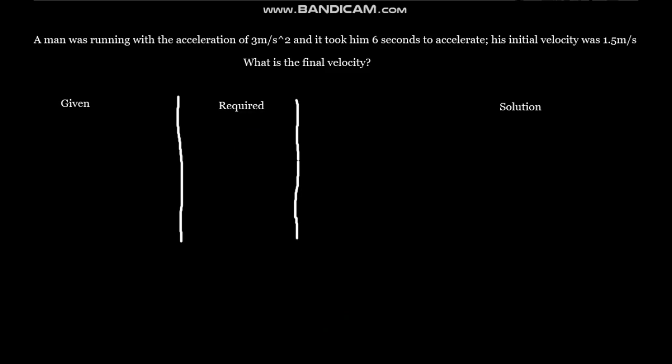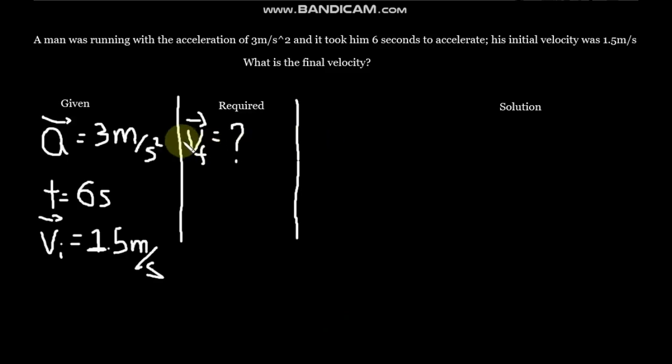So let's collect the given ones here. The given is the acceleration, time, and initial velocity, and the things that are given numerically are 3 meter per second squared, 6 seconds, and 1.5 meter per second respectively. So what is the final velocity?